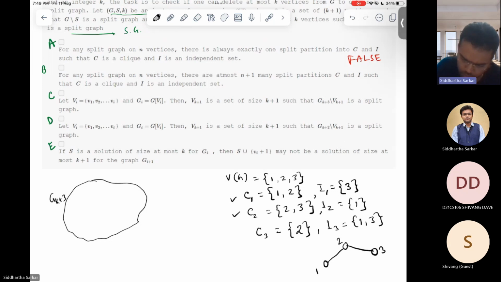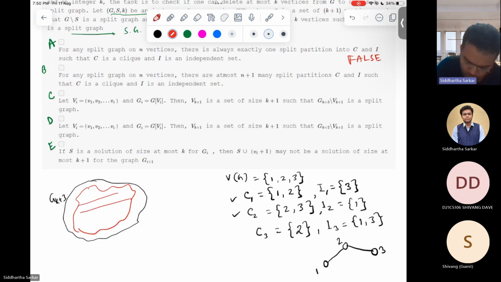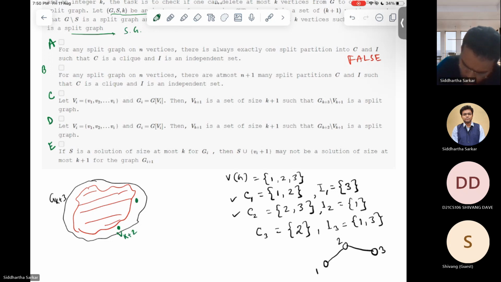So what you are left with is a graph. So what are you left with? So you're left with only two vertices, maybe vertex k plus 2 and vertex k plus 3.